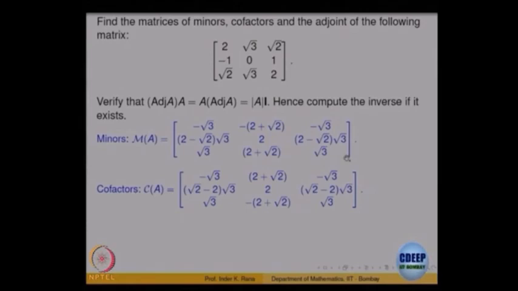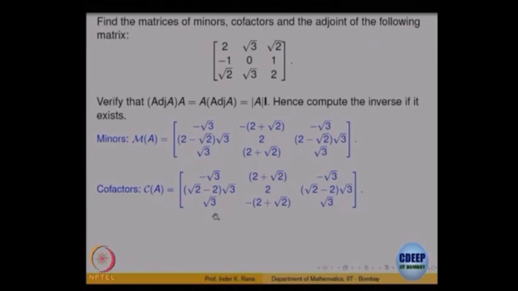You are given this matrix. How do you compute the adjoint of this matrix? Look at the minors. So, this row, this column, and this row, this column; expand by anywhere, these are the minors. Let us not bother too much about the computations and verification of that.